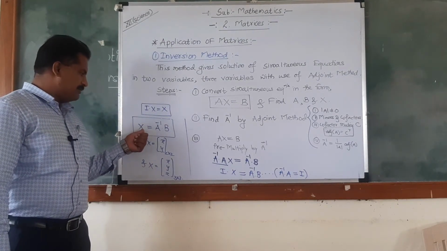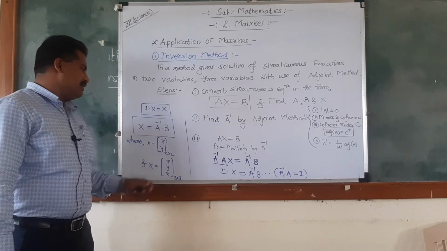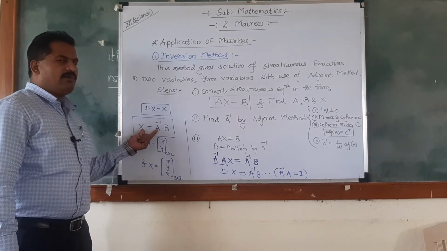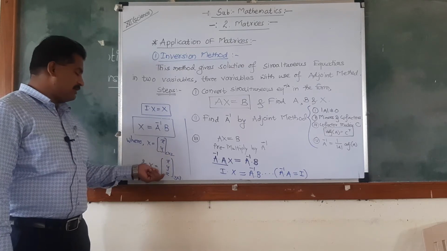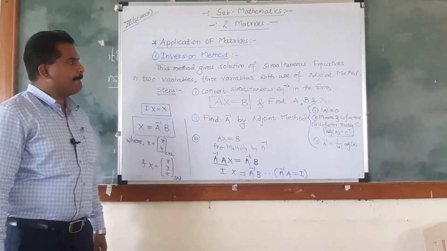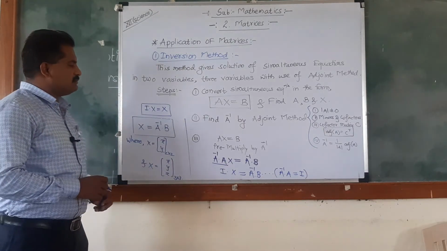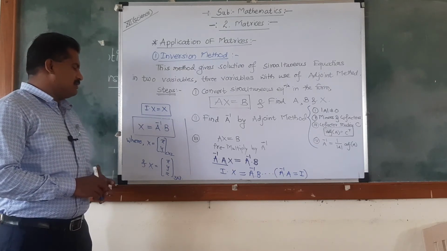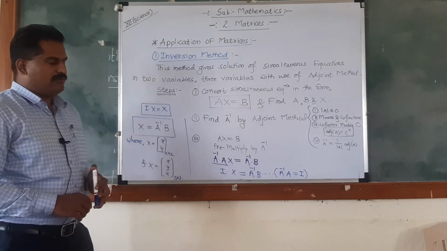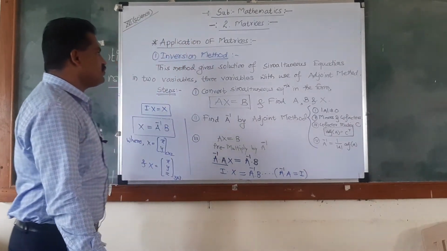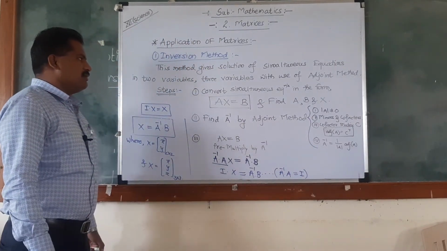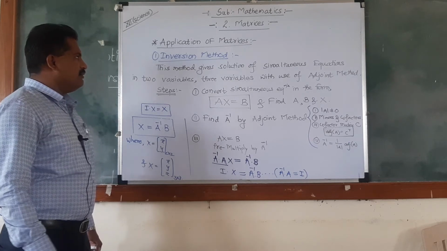And lastly, therefore X is equal to A inverse of B. By comparing, we can find the value of X, where X is xy for 2 by 2 and xyz for 3 by 3. Okay, these are the four simple steps to get the solution of simultaneous equations by inversion method.